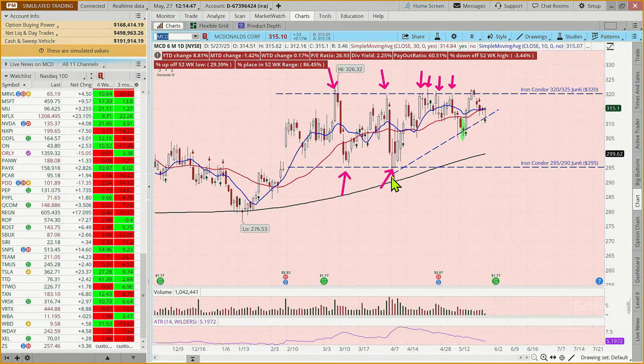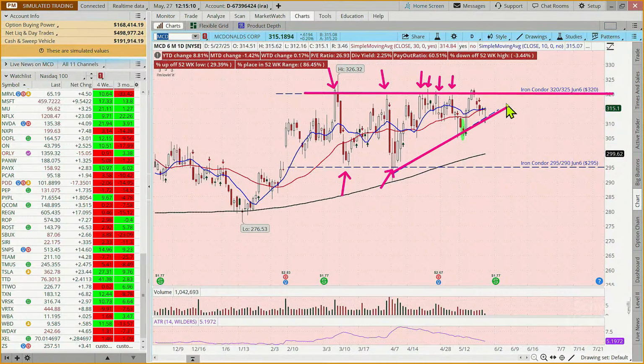But what has started happening here is we now have this flat top, right? Similar highs, but now we're seeing higher lows.